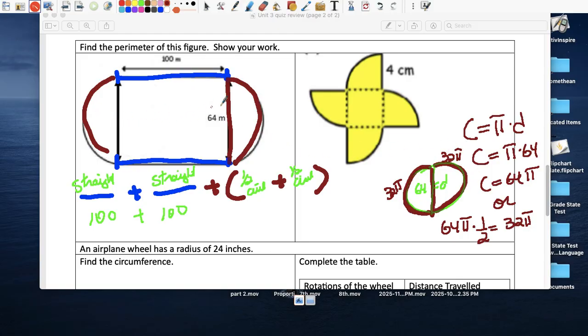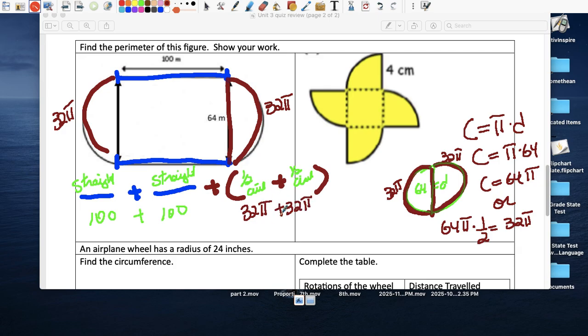So let me go to the circle here and say, hey, this is 32 pi meters, and this is 32 pi meters. So going back to my equation at the bottom, I get 100 plus 100, those two straight parts of our walk, plus 32 pi, plus another 32 pi.